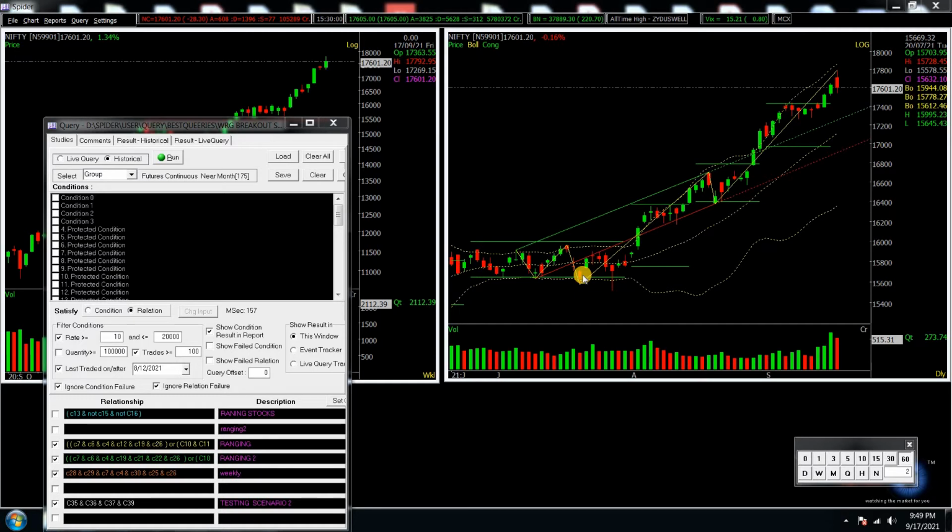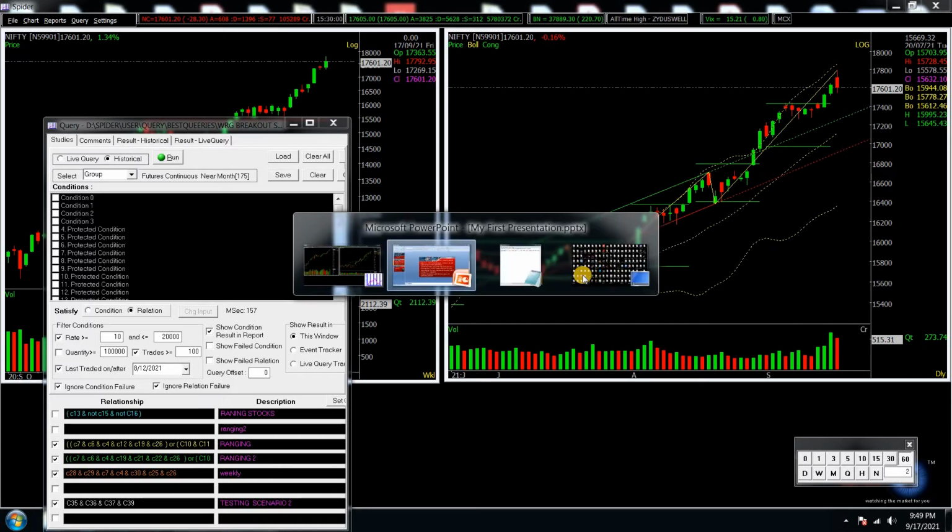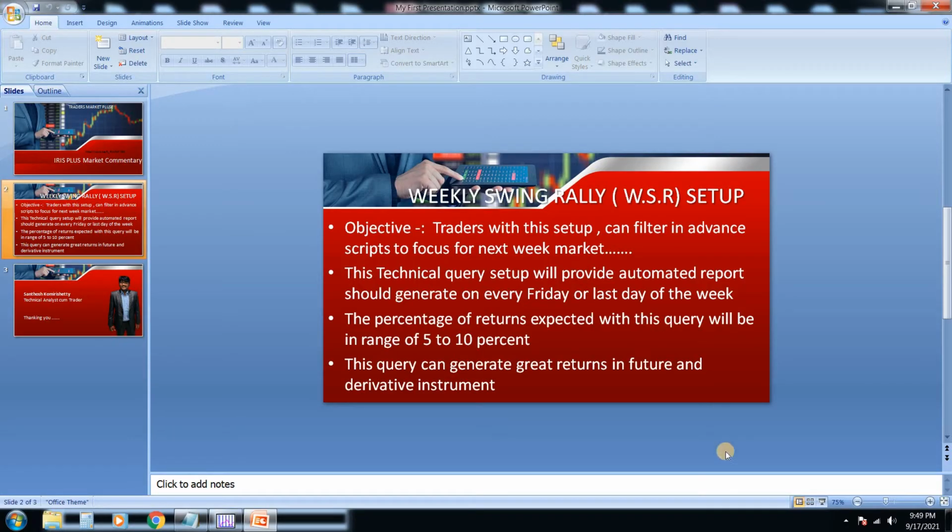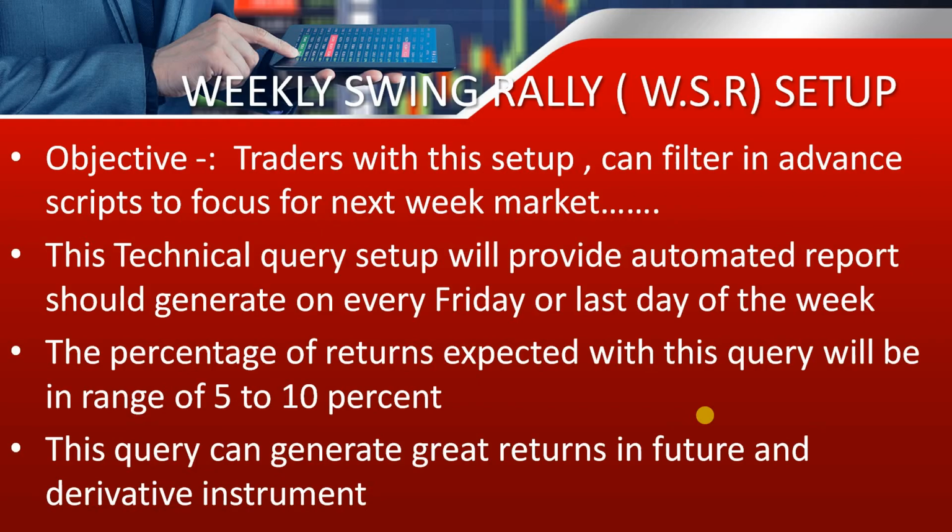Before going further into technicalities, let us have a snapshot of what exactly the setup is, how this setup has been designed, and how this setup is going to fulfill the objective of the trader.